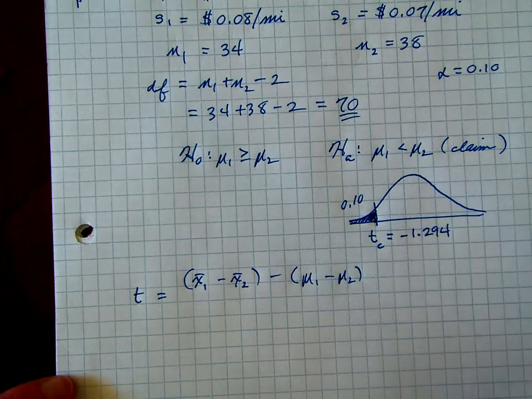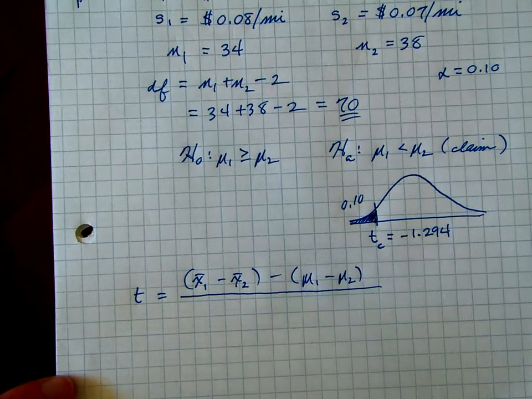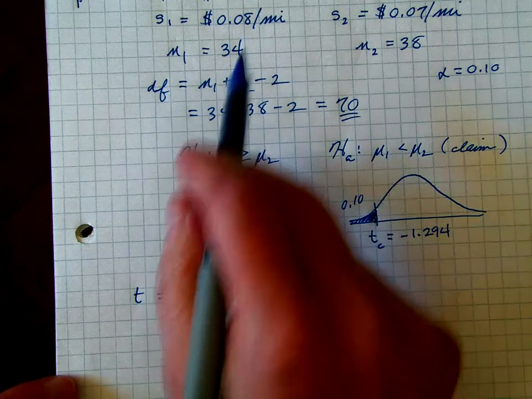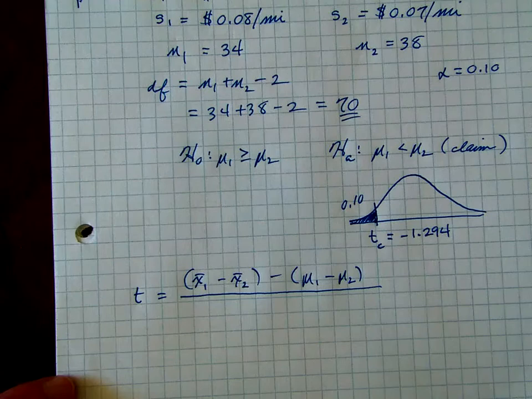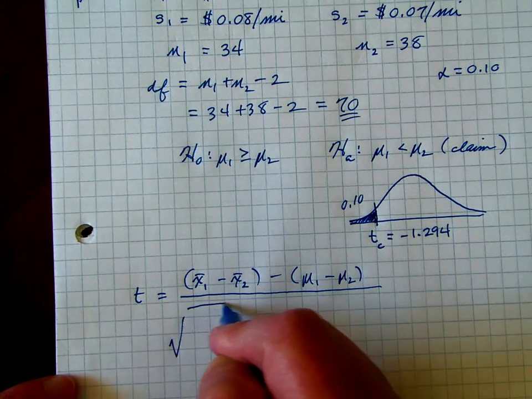So far, so good. Because you're assuming that the variances are equal between the two populations, you do a pooled variance here. Fortunately, we didn't have to derive this formula, we just use it.